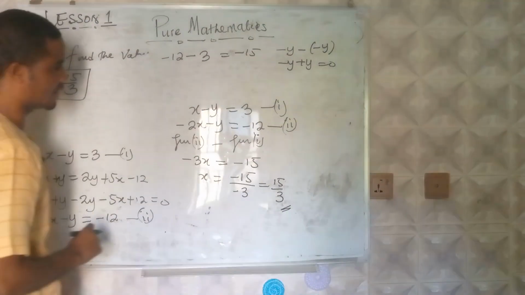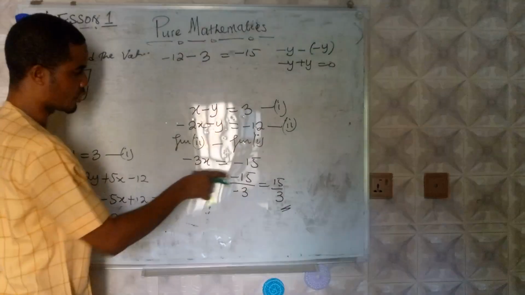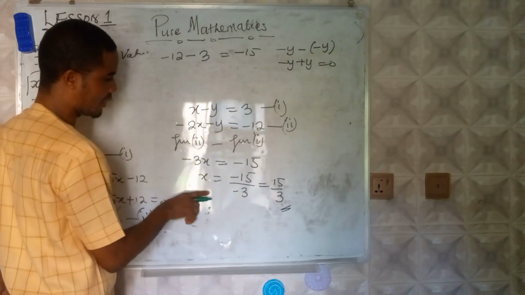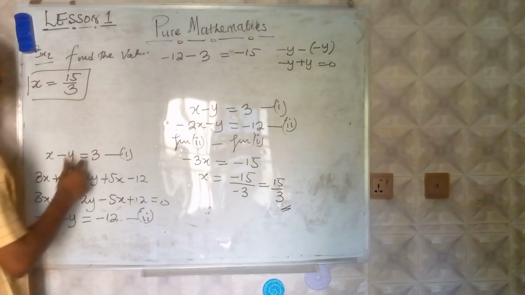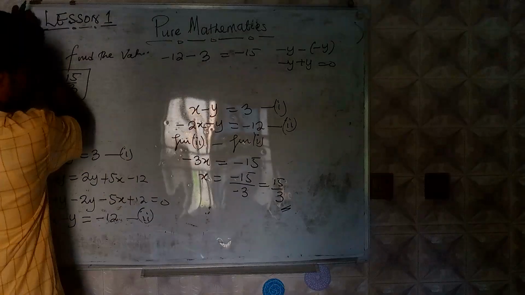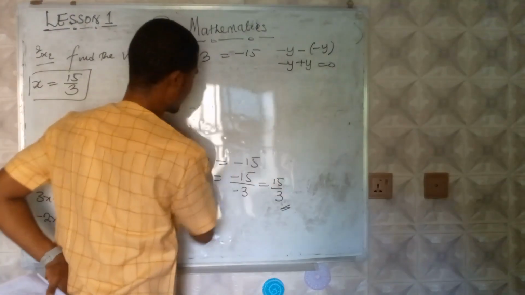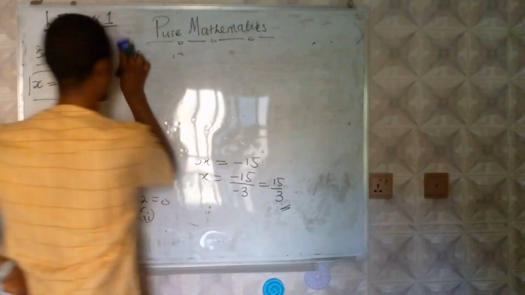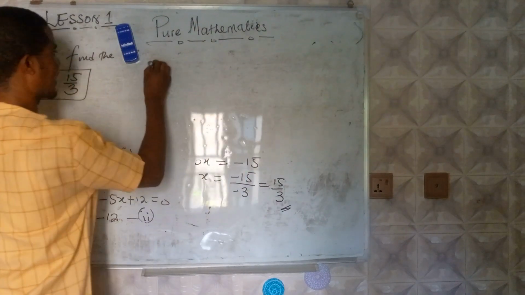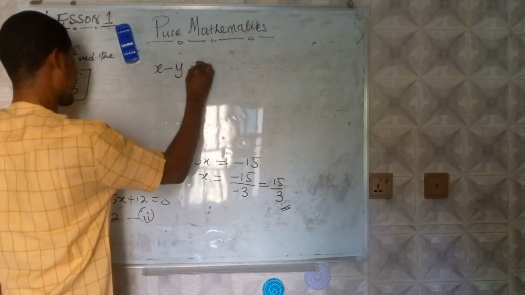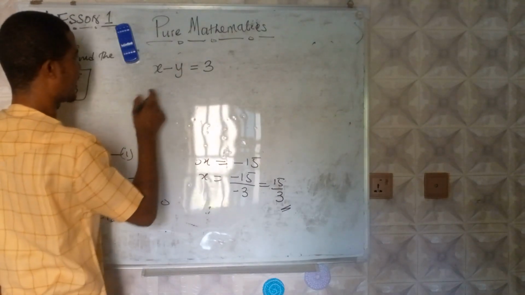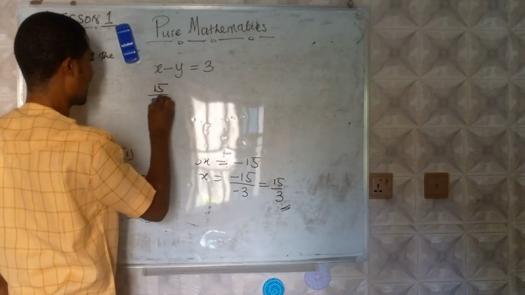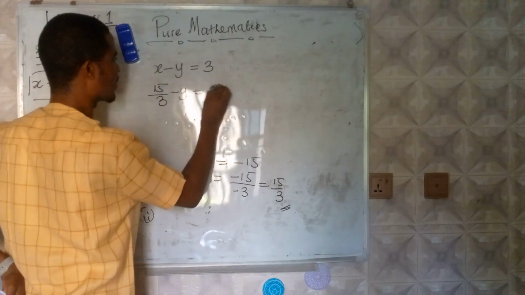For me to get the value of y, I'm going to substitute the value of x into any equation I like. I take my equation 1. In my equation 1, I have that x minus y is equal to 3. So I already know that x is 15 over 3, so I have 15 over 3 minus y is equal to 3.